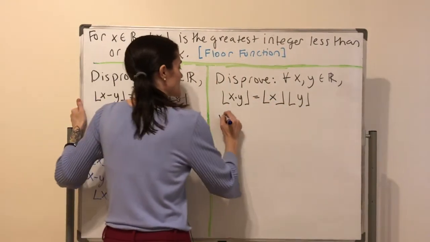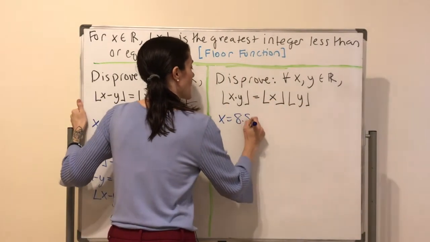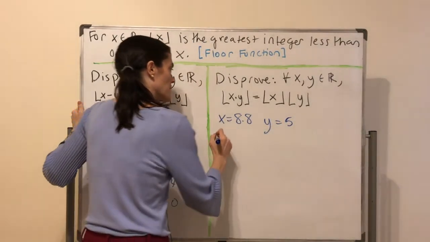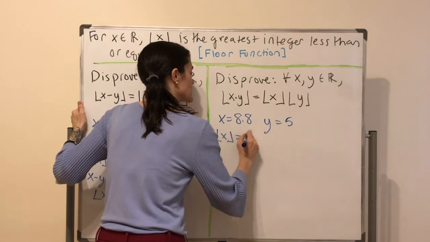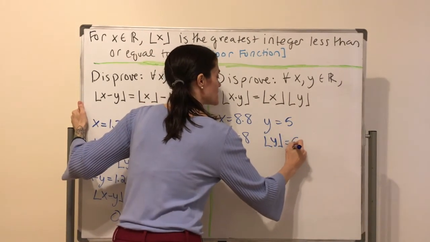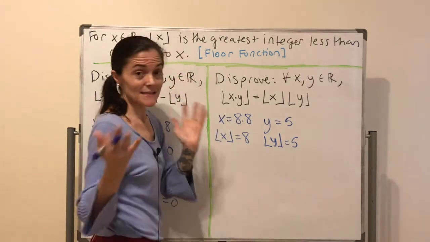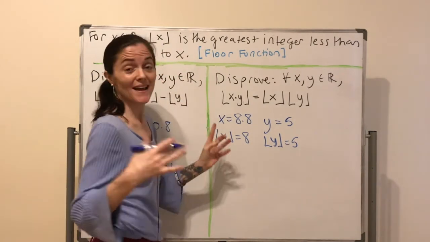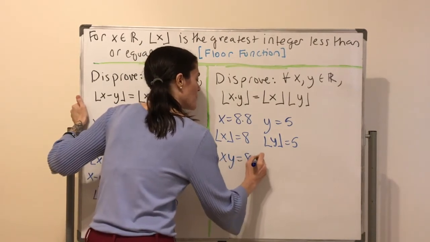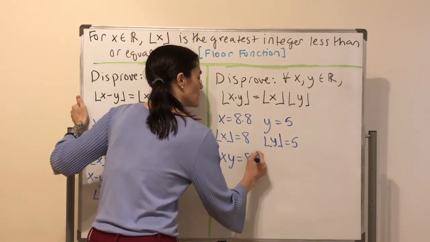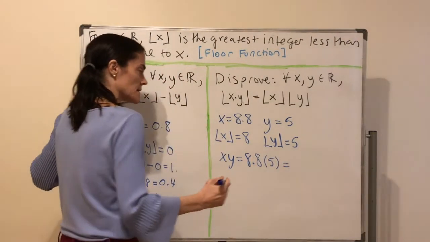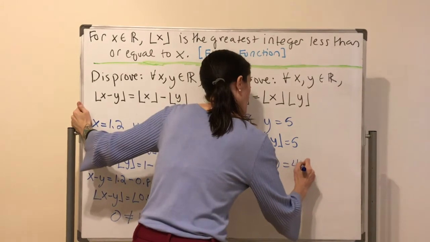Let's take x is 8.8, y is 5. Then the floor of x is 8. y is an integer, so the floor of y is 5. And I chose these so that x times y is also an integer. If we multiply 8.8 times 5, this gives us 44.